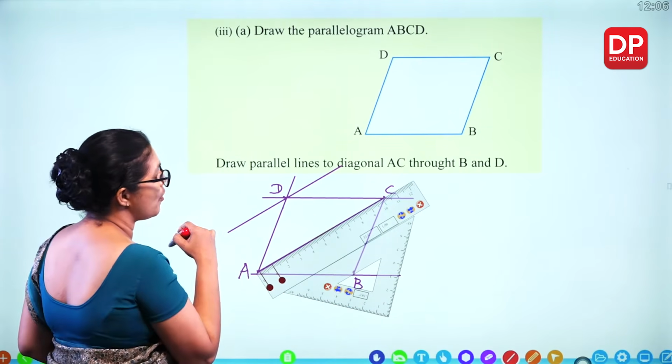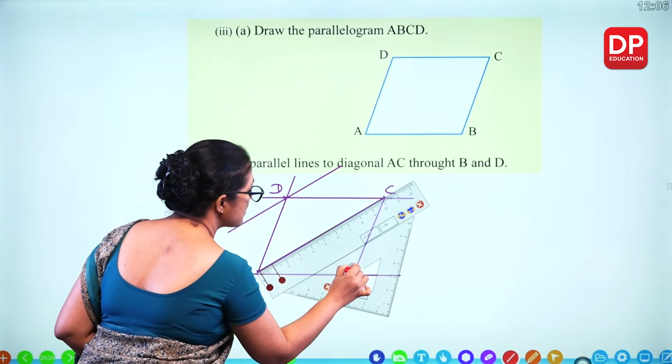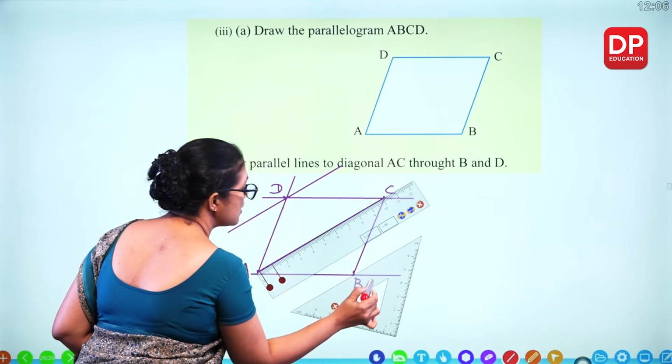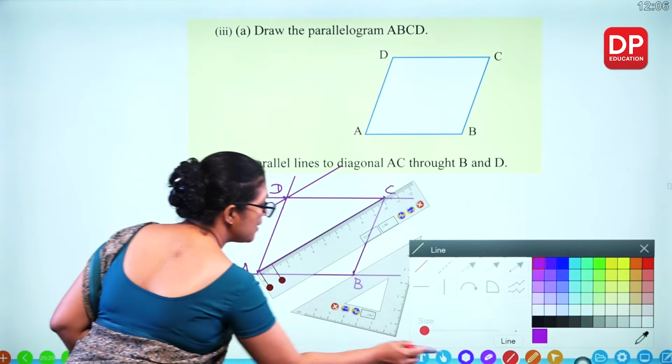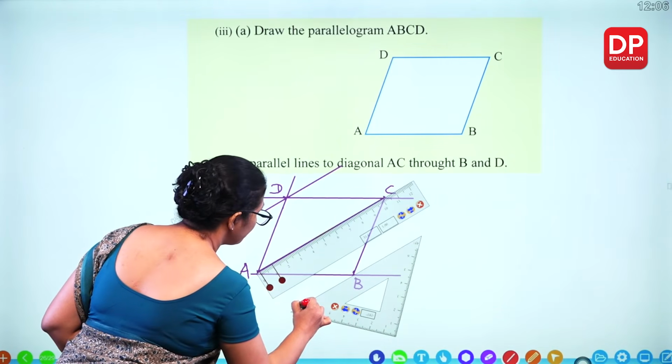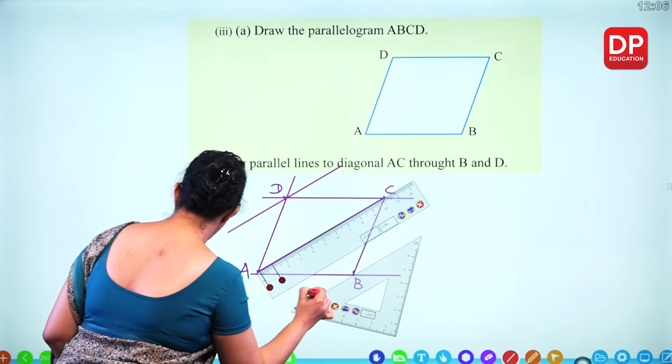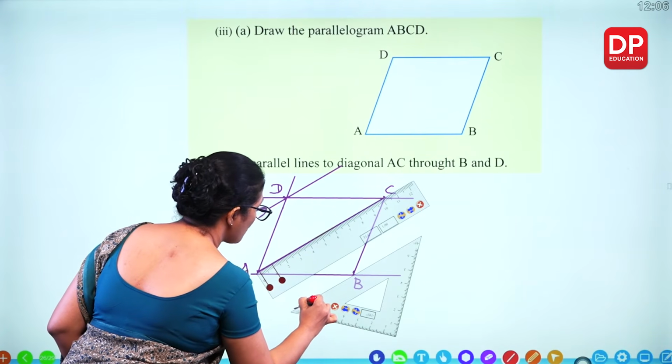First keep on top of this and then drag it so that the line passes through B. Now you can draw the line.